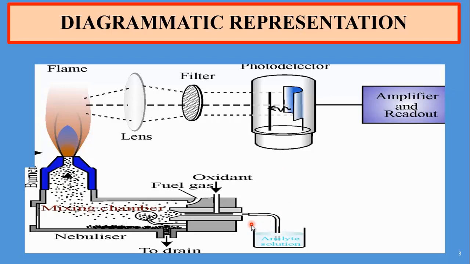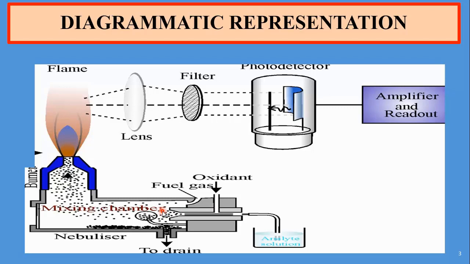First, this is the sample which we want to analyze. This sample is sucked through capillary action and goes into a chamber called the nebulizer, in which we use fuel gas and oxidant, which convert it into droplets.